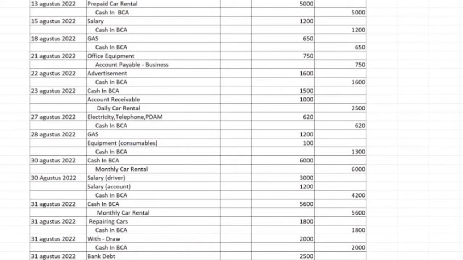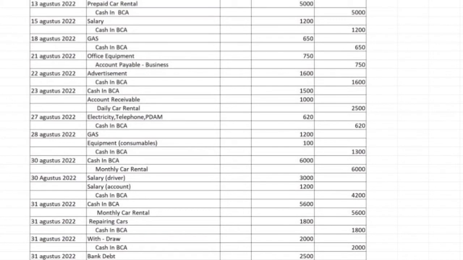Number 17, paying advertising costs increases next to debit by 1,600 and cash in BCA decreases by credit by 1,600.